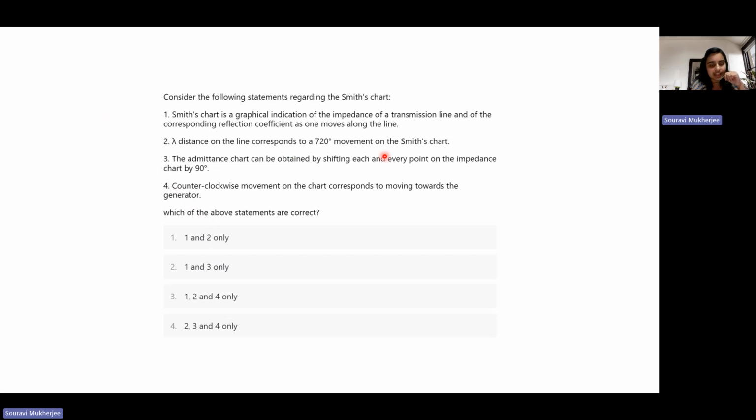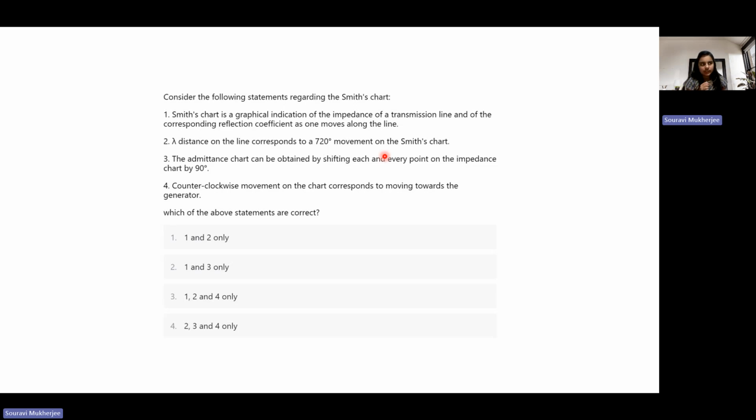Now, the third point says the admittance chart can be obtained by shifting each and every point on the chart by 90 degrees. Now, if you remember, how do you define admittance? If you know the impedance, the admittance is the inverse of that, right?